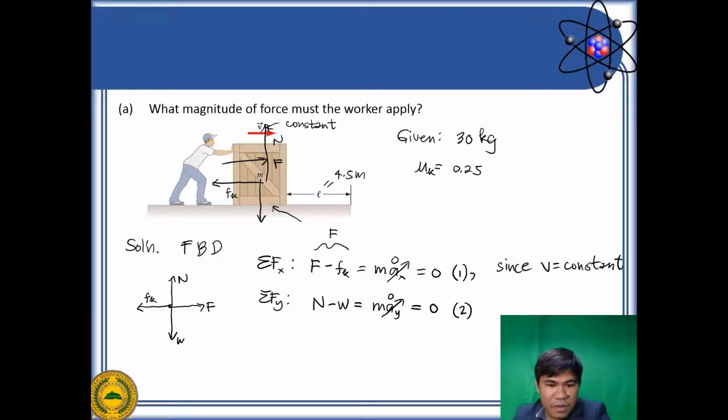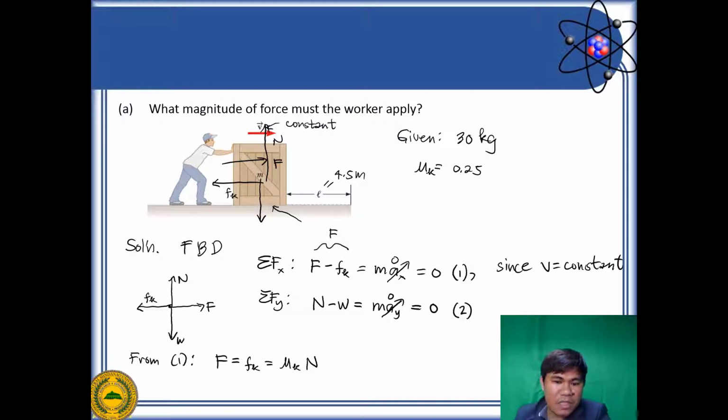From equation 1, we have the force F is just equal to the kinetic friction. And we know that kinetic friction is equal to mu k times the normal force.